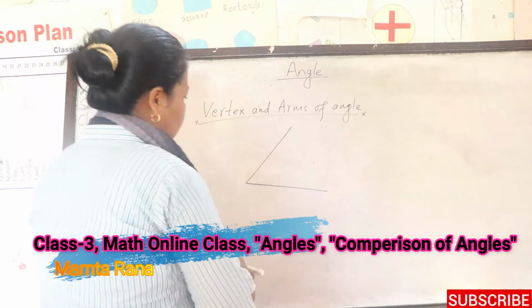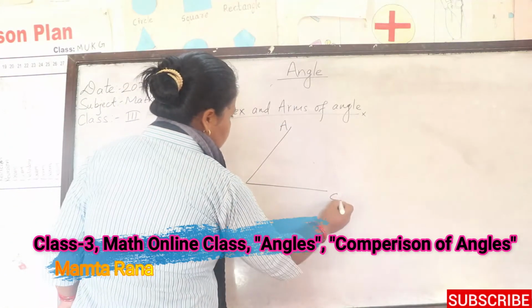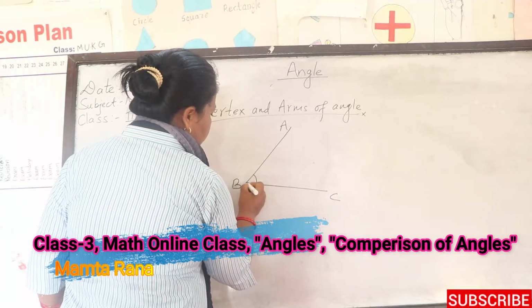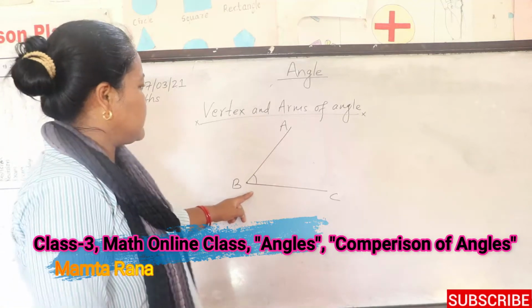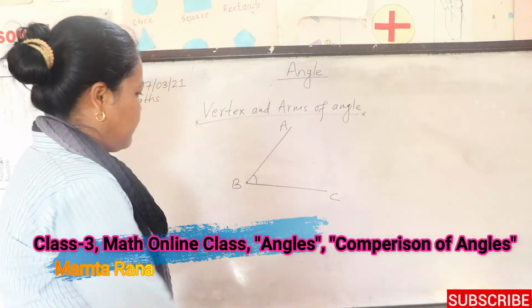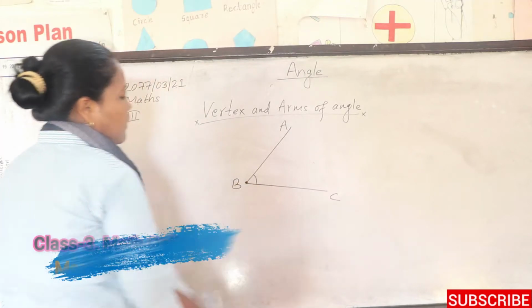Let's make an angle ABC. Here at point B the angle is formed. What is the vertex of an angle? Vertex of an angle means where the angle is formed.